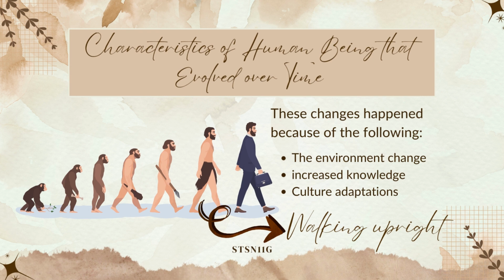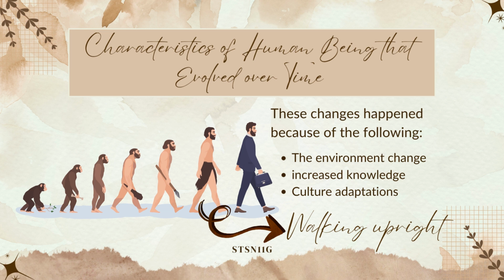First is we got the ability to walk upright. Well, obviously, we were not able to do it right away. It is a thing that has evolved through time. Apart from walking upright, the succeeding slides I'm about to share with you include the other characteristics of the human being that have evolved through time because of these three things.